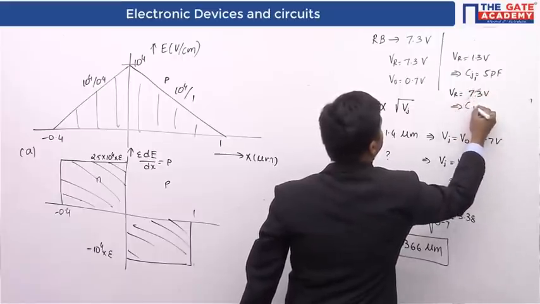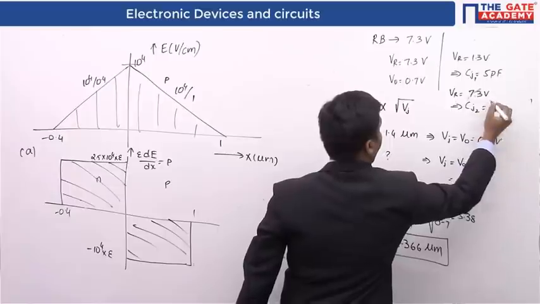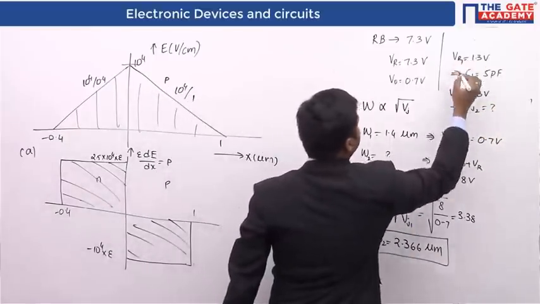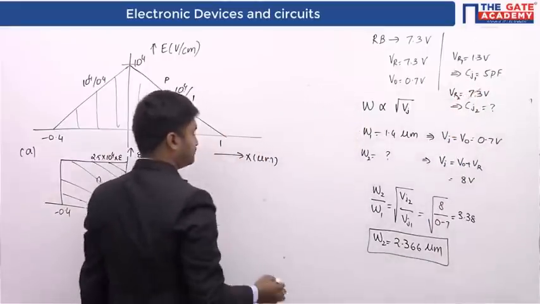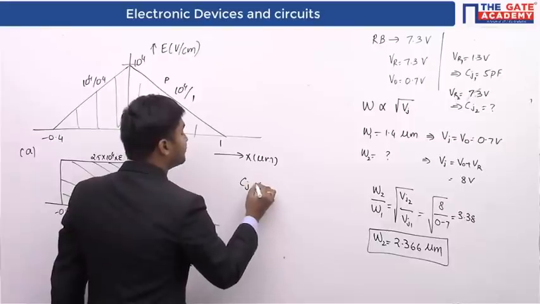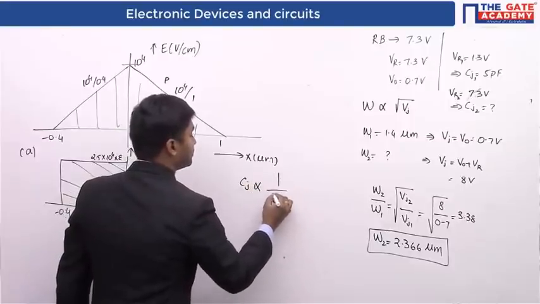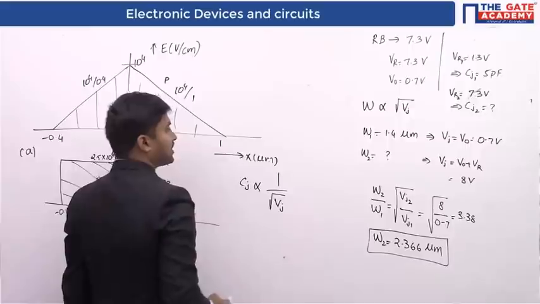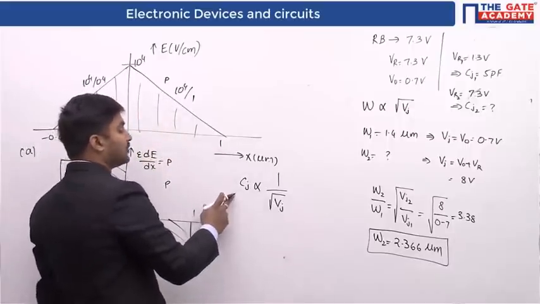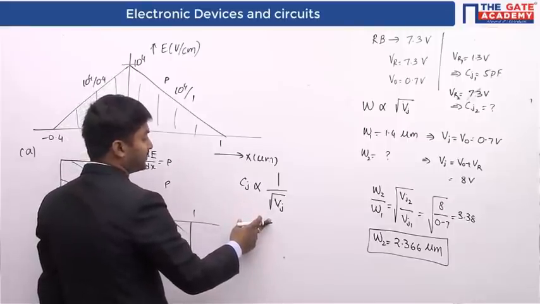And the reverse bias voltages I consider as VR1 and VR2. What we know is the junction capacitance is inversely proportional to the square root of Vj, considering that it is equally doped.